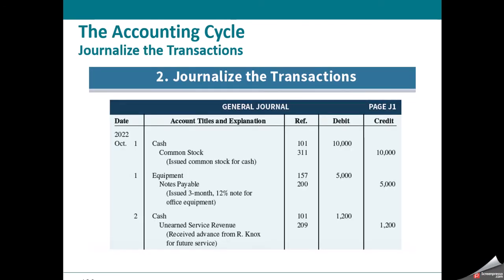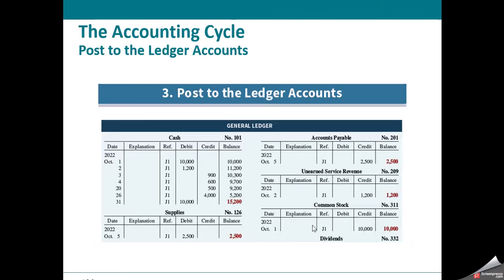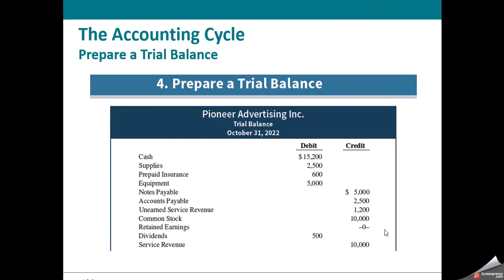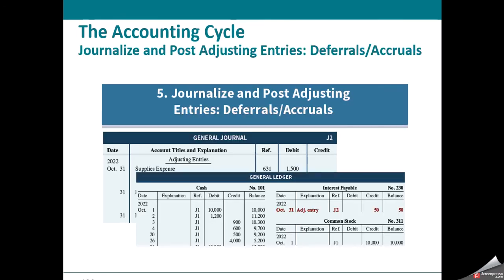Then we've got journalizing our transactions, again, all of the journal entries that go in to the ledger, and we post them directly into each account. Each account's got the debits and the credits, and then coming down with what their total for that month is. We prepare a trial balance with those balances that come off of those individual T accounts.